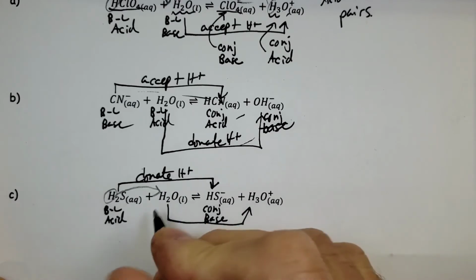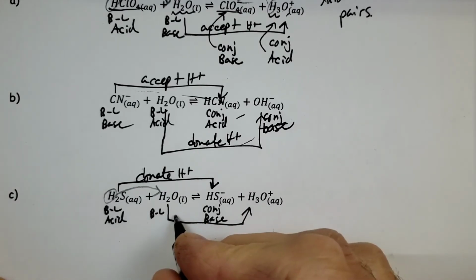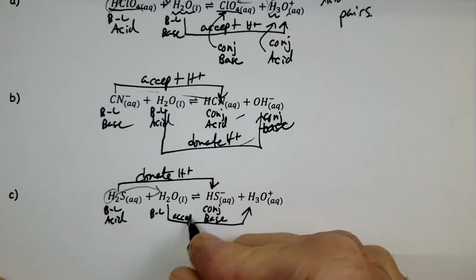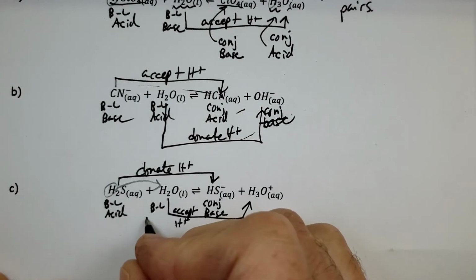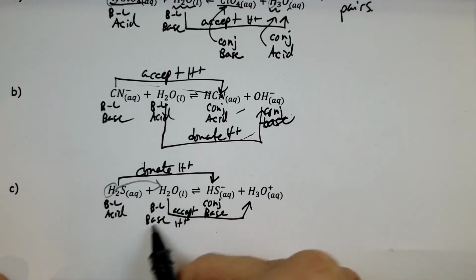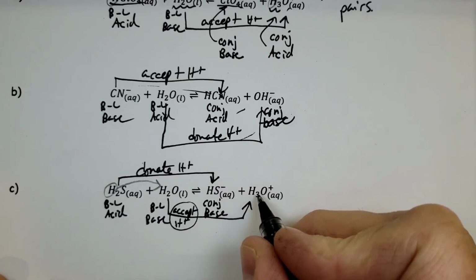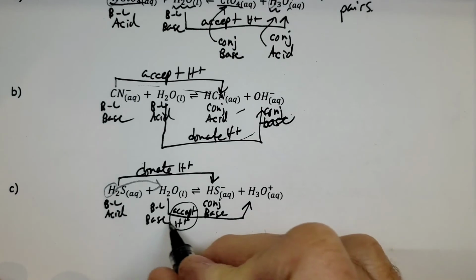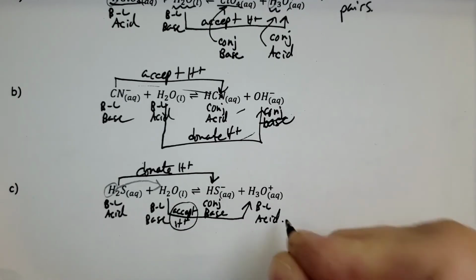H2O to become H3O, it received, accept an H plus. I'll try to make this a little bit bigger next time. So H2O to become H3O, it behaved like a base by accepting an H plus. And then vice versa, H3O to become H2O, it's behaving like an acid.